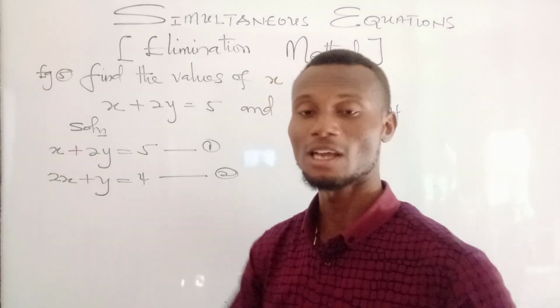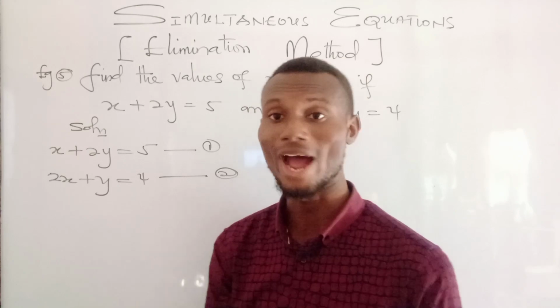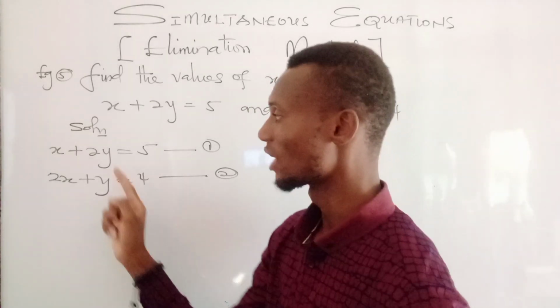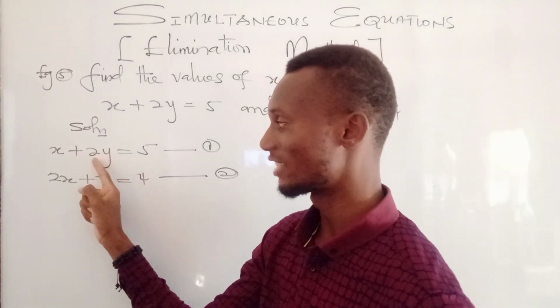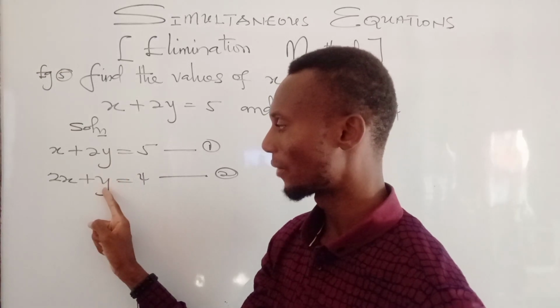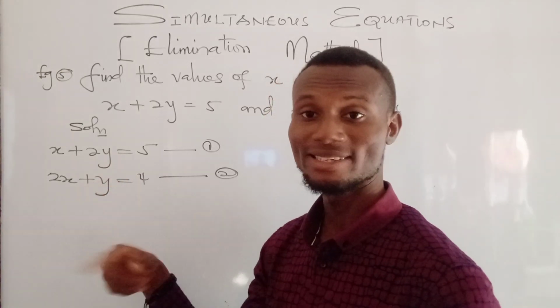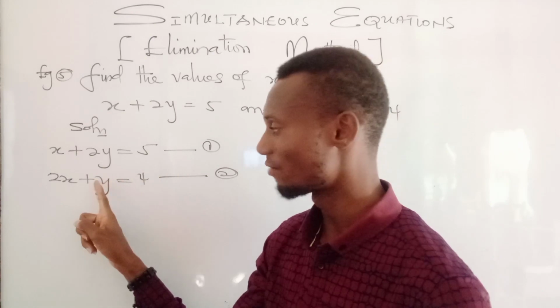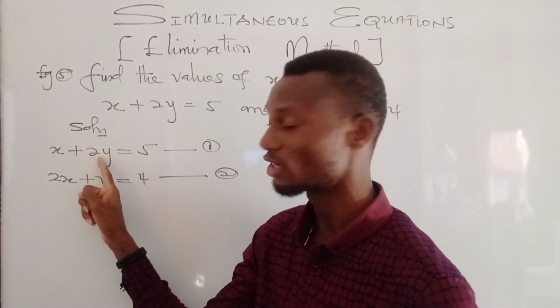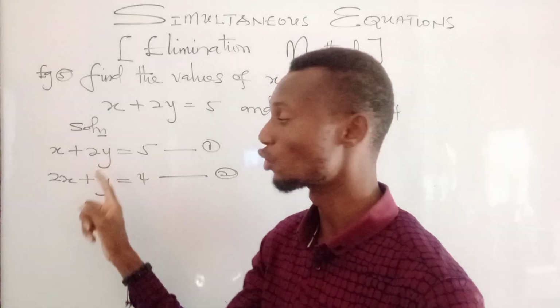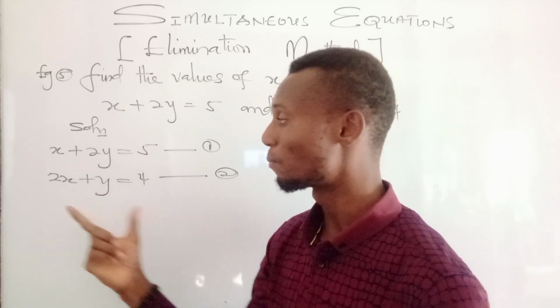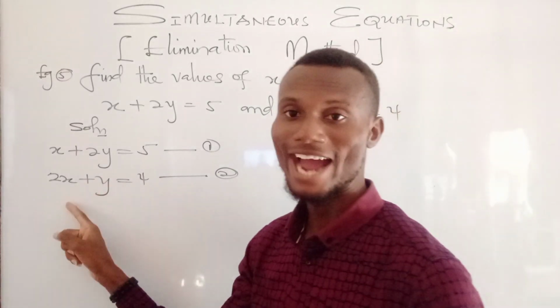If someone is choosing to eliminate y, it's the same process, checking the coefficient of the y which is here, it is 2, and the coefficient of the y which is here, it is 1. So the person needs to make sure that the coefficient of this y is the same as the coefficient of this y which is here. So the person also needs to multiply equation 2 by 2.